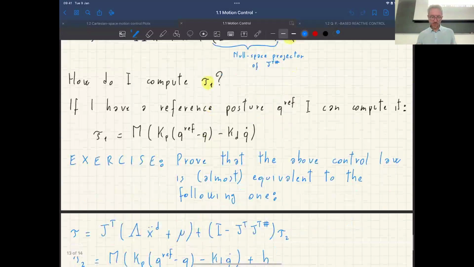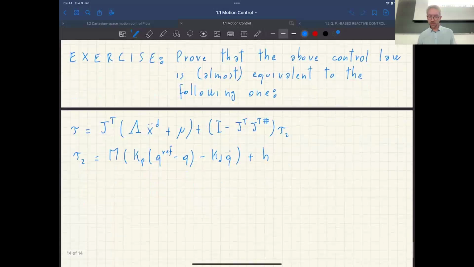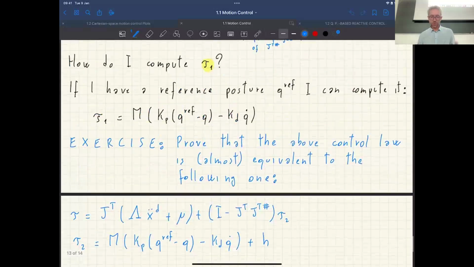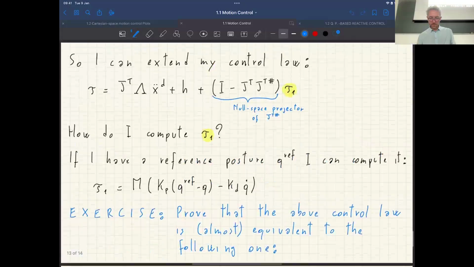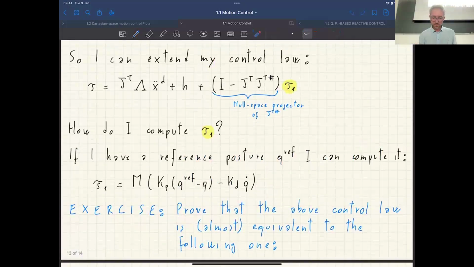So I left you last time with this exercise to prove the equivalence between two versions of the Cartesian space control law. One version would be this one here.